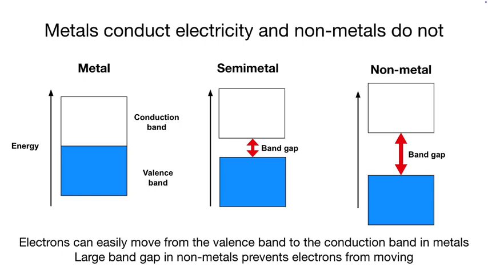Could we use nonmetals to absorb sunlight? Or let's try it this way. Could we use nonmetals to absorb energy? Sure, they could absorb energy and jump into that conduction band. The problem with that is, what's the energy? Not low. For nonmetals, it's very, very, very high.